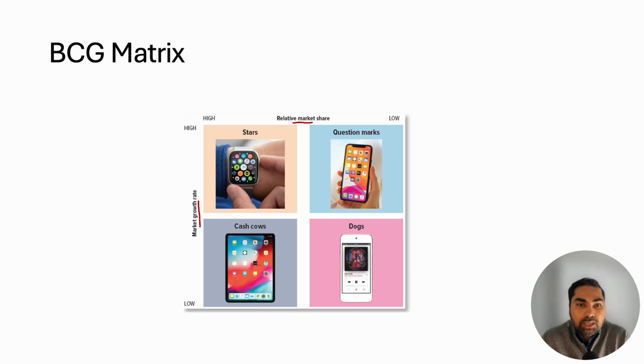So which means these products will actually be classified as stars. These are the products which are the future of that particular company, because they are in a market with high market growth and they have a high relative market share in that particular market.